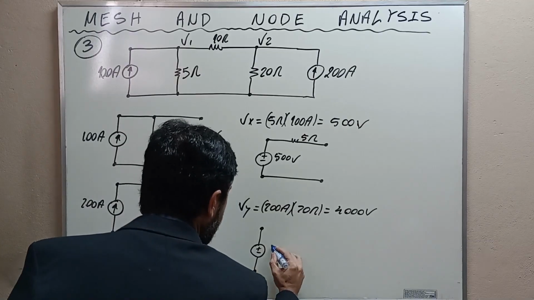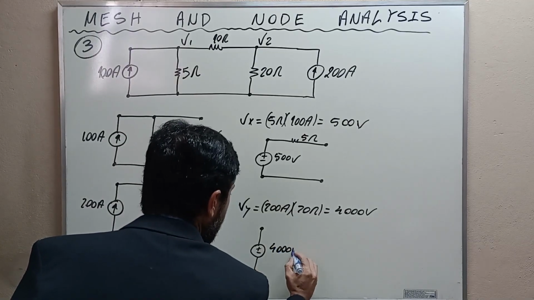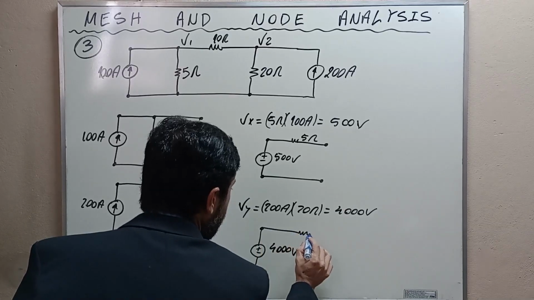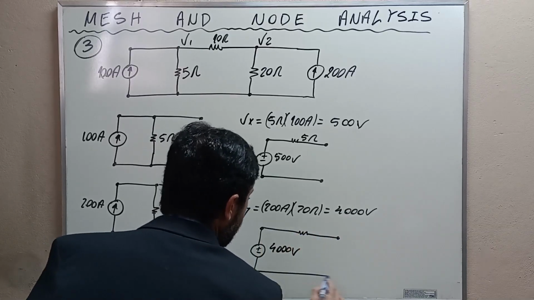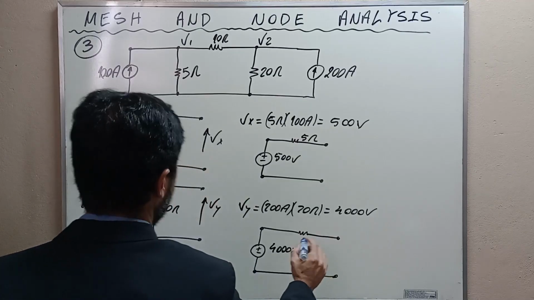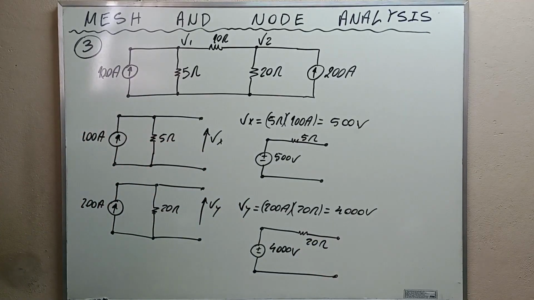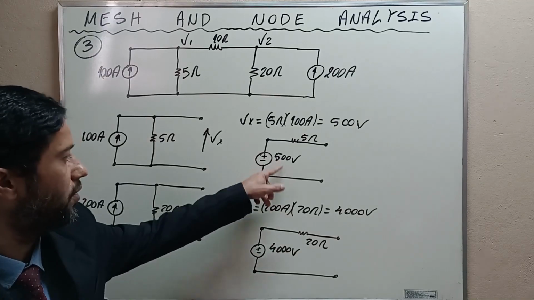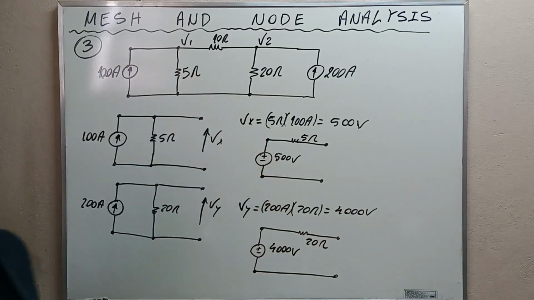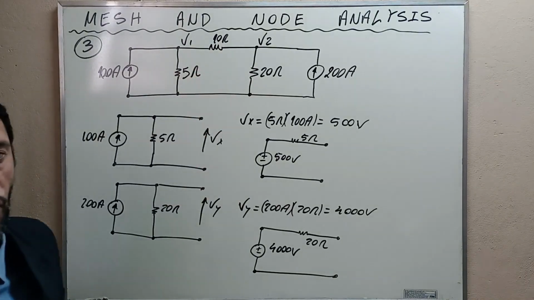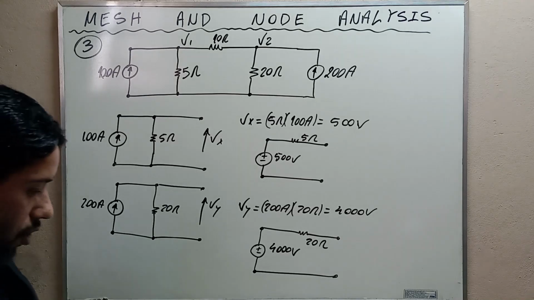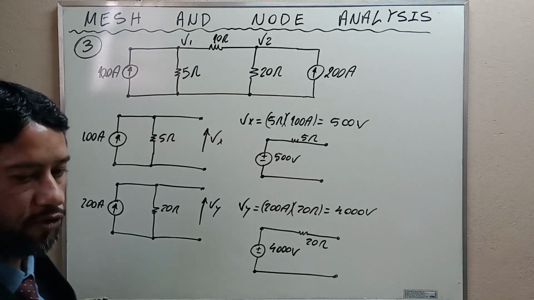Here 4,000 volts and here 20 ohms, okay? We are going to use this to calculate the voltage drop across this 10 ohms resistor, okay? So let's do it.